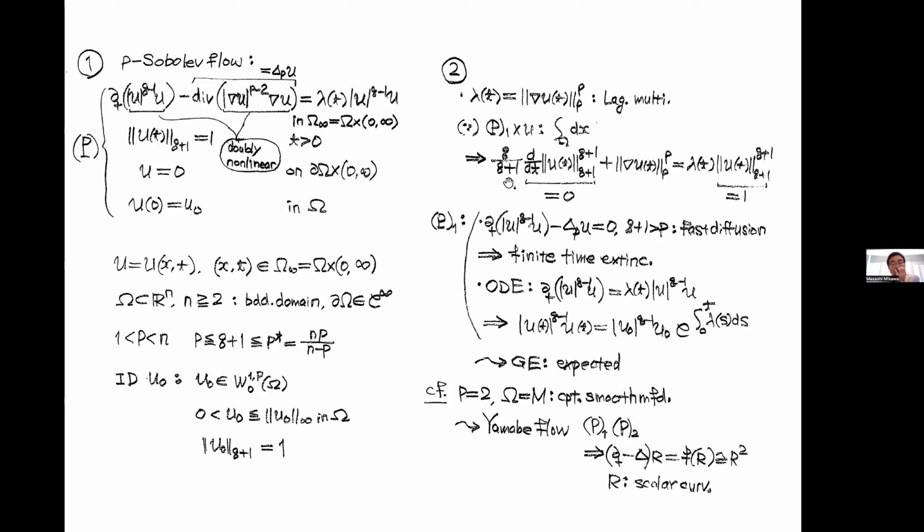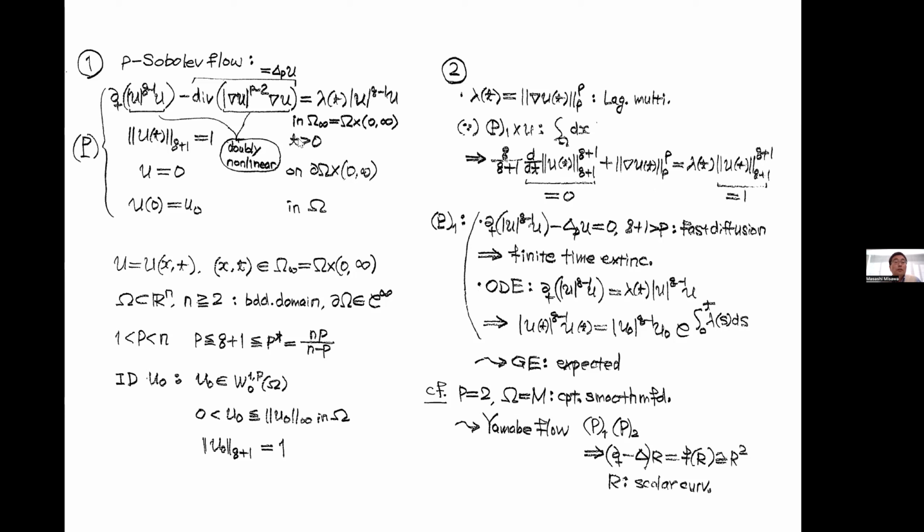Then we have the following integral formula: q over q plus 1 times the time derivative of the q plus 1 power integral in space of u, plus the p power integral of the spatial gradient of u, is equal to lambda t times the q plus 1 power integral of u.